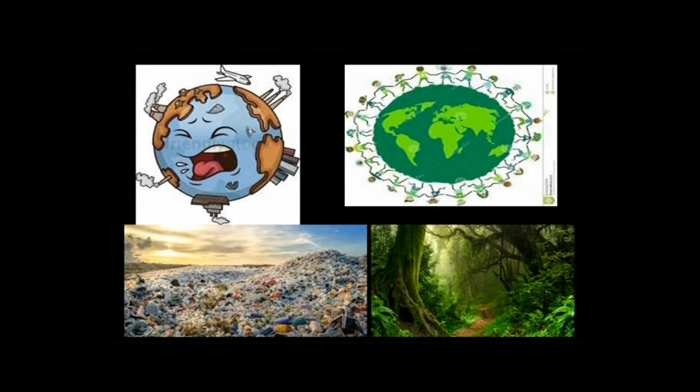You can see the plastic bottles. You can see the flames coming out. You can see the earth suffocating, dying. But on the right side, you can see the greenery, the clear nature, the clear environment. So this is the main gist of the poem. You are going to read this point of the earth in your poem.